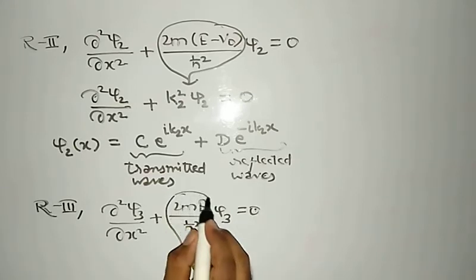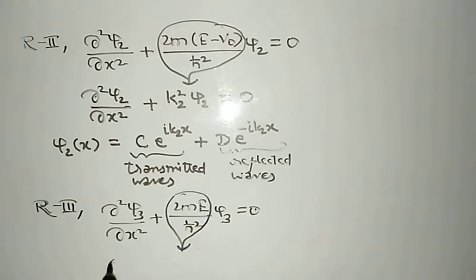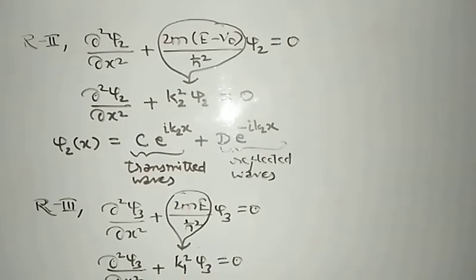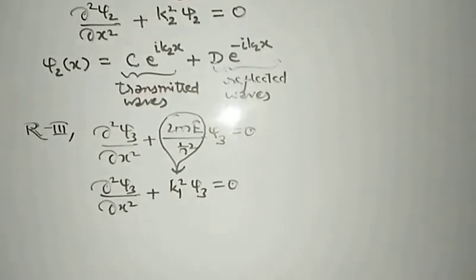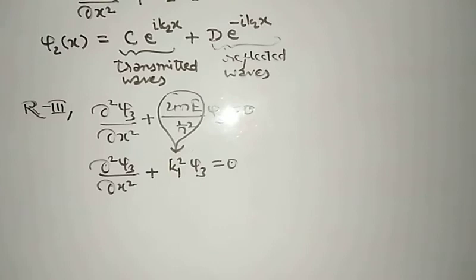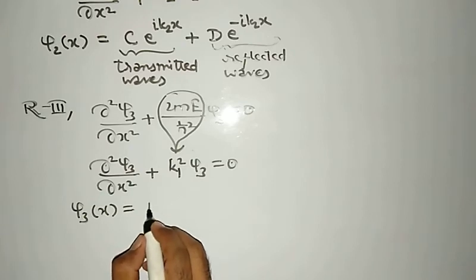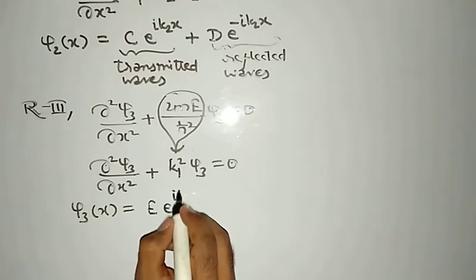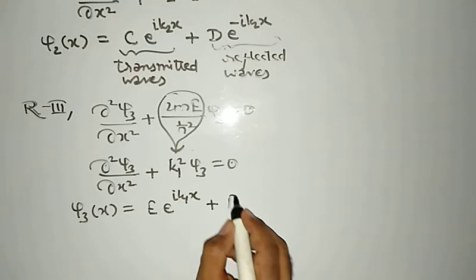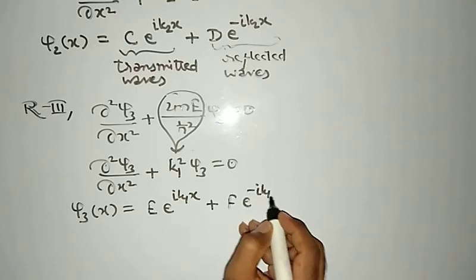This is again p1, so writing del square psi 3 upon del x square plus k1 square psi 3 is equal to 0, and we can write the solution psi 3(x), which is E e to the power i k1x plus F e to the power minus i k1x.